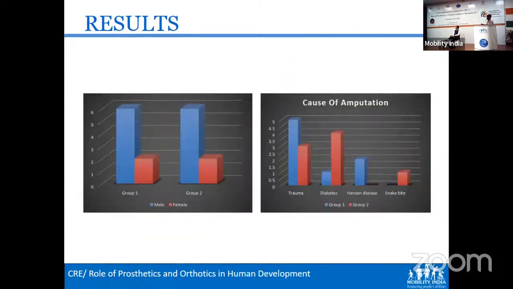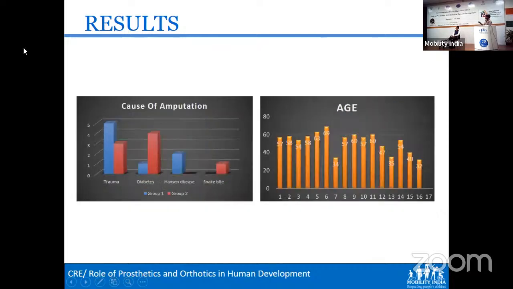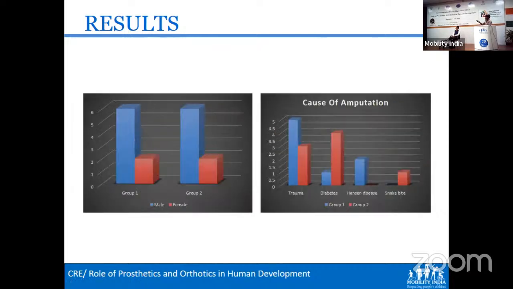The demographic data of the study: as I said, the researcher separated the groups according to gender, with 6 male patients in group 1 and 2 female patients in group 2. The cause of amputation was mostly trauma, followed by diabetes, Hansen's disease, and snake bite.